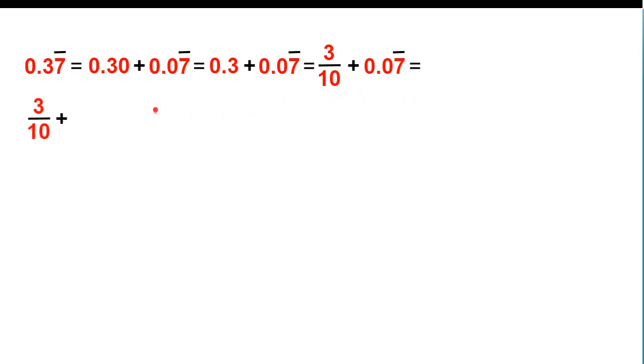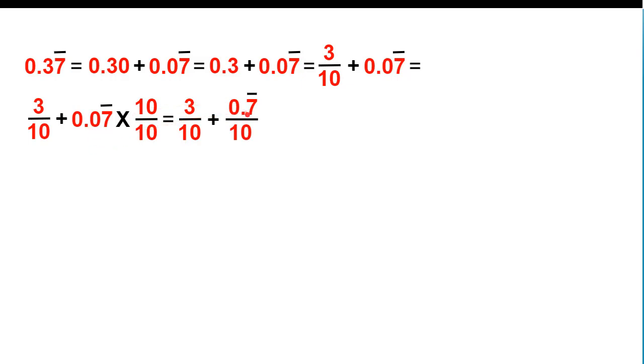And we write 3 over 10, and we'll use the same trick from before. We'll multiply it by 10 and divide it by 10. We get 3 over 10, and this one again, the decimal point moves one digit to the right. So we get 0.7.